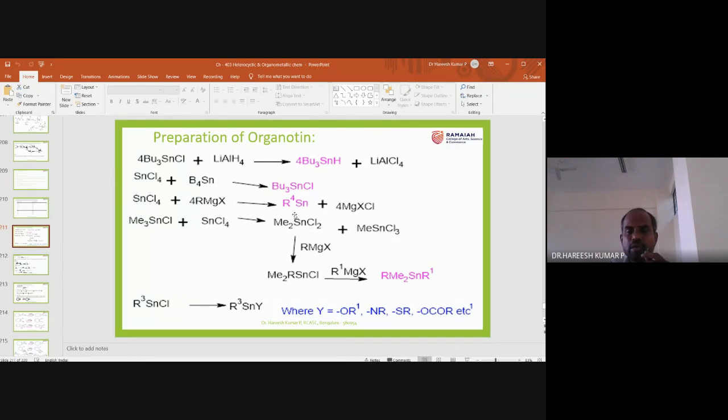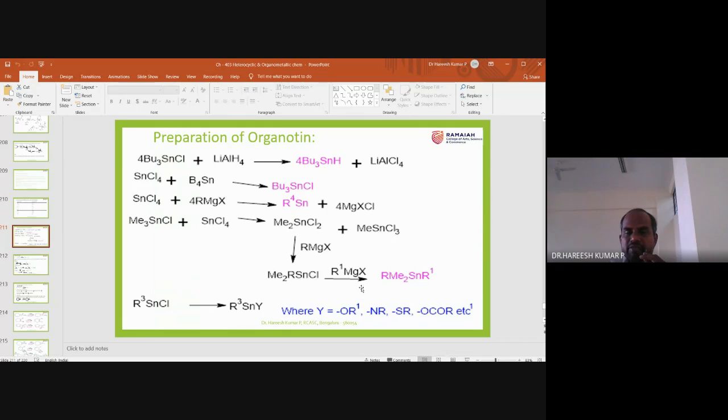That is how dimethyl dichloro stannic 4 is obtained. If the obtained compound is treated with one more equivalent of RMgX, it replaces one of the chlorines. That is how dimethyl alkyl stannic chloride is obtained.